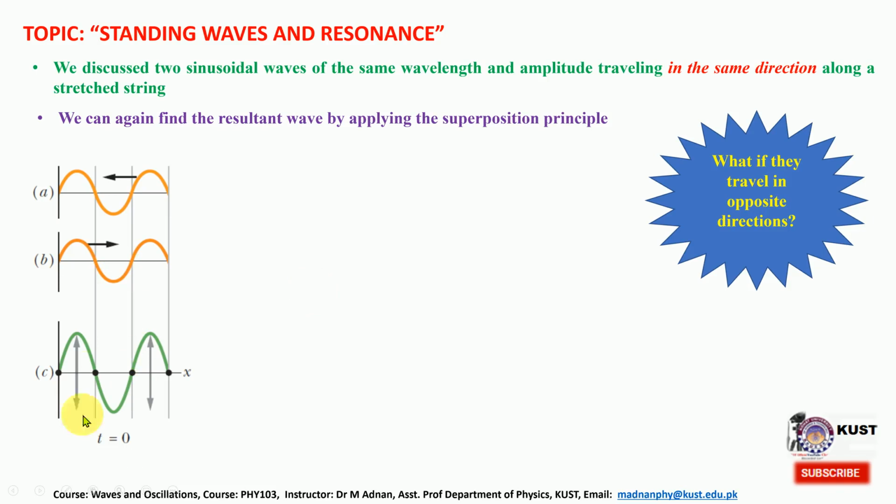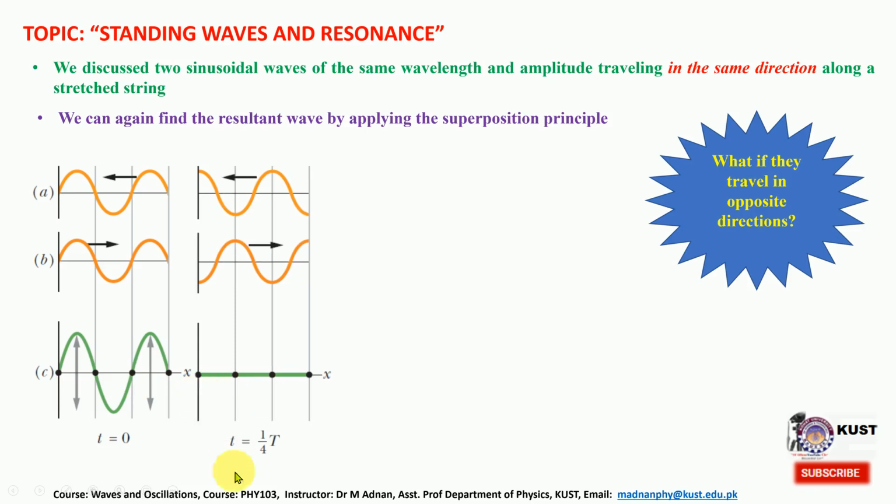So in that situation, the first snapshot, or picture taken at t equal to 0, the resultant wave amplitude is now double the amplitude of the incident traveling wave.